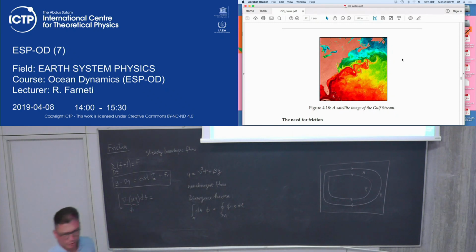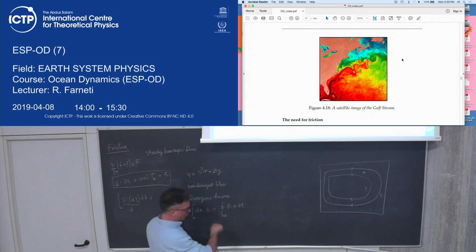If you remember the divergence theorem, it goes from a surface integral to a line integral, where this delta A is the bounding curve of the area.